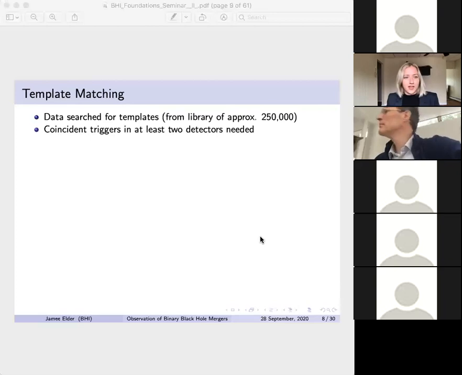The second thing is that in order for there to be what's considered a genuine detection, there need to be coincident triggers in at least two of the detectors. That is, at least two of the operating interferometers need to have this search procedure indicate that there is in fact a gravitational wave signal in the data.